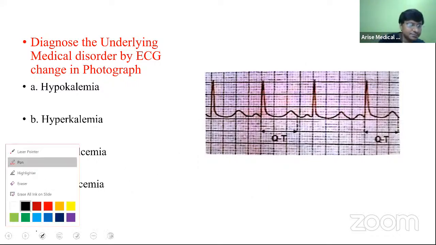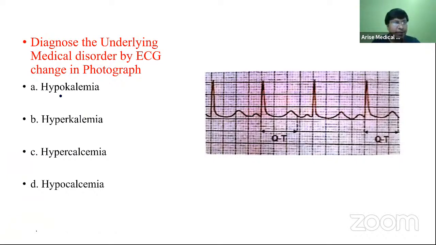If you take hypokalemia, the very important ECG change is the appearance of the U wave, and the T wave becomes flat.